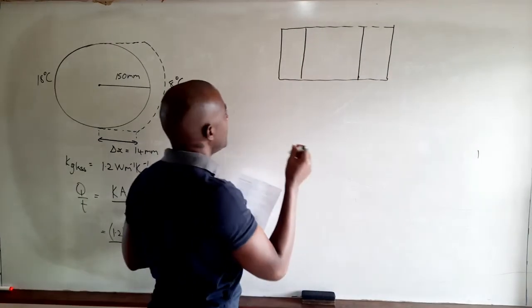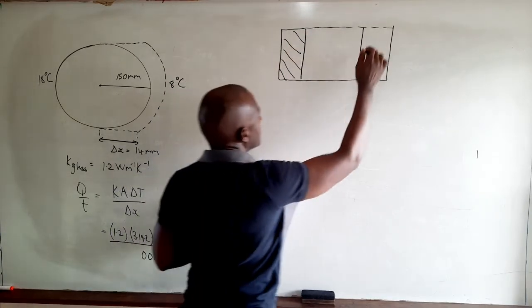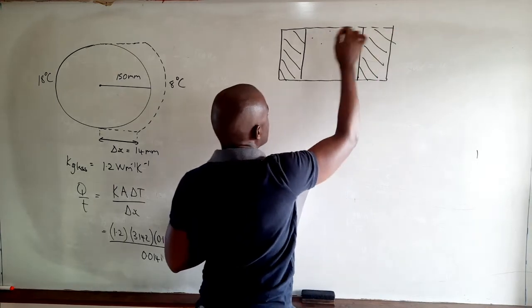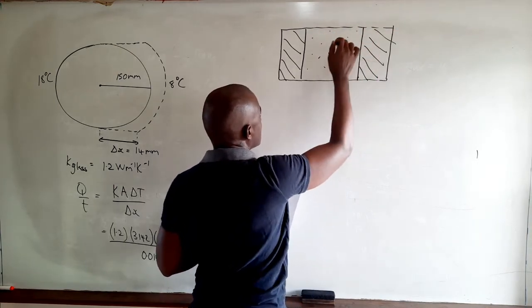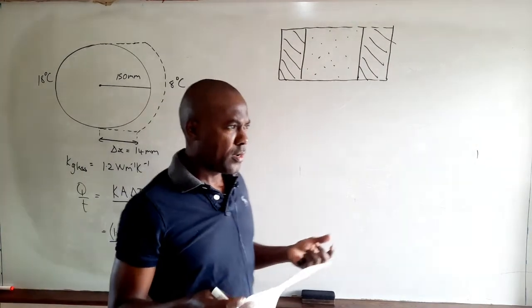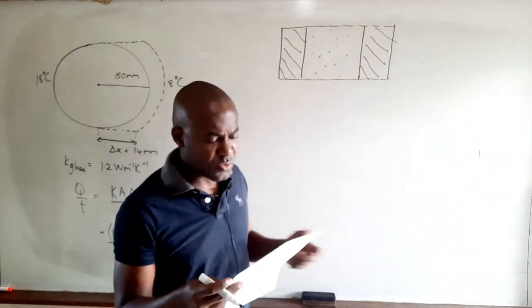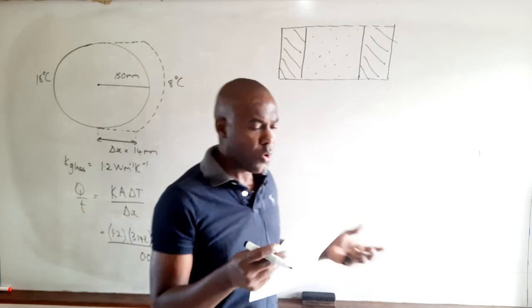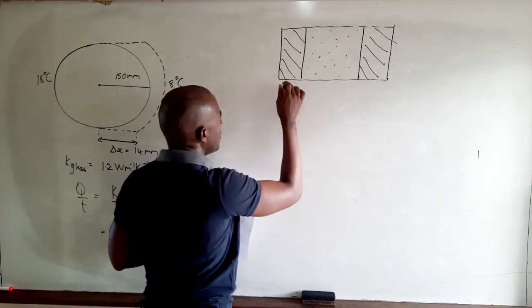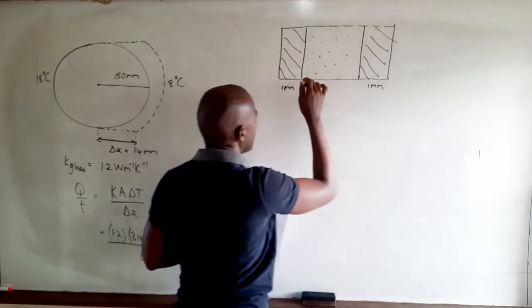Right, so what we have here is just a cross section of our cool box. As I said before, this cool box consists of 2 layers of plastic 1 mm thick. So this will be 1 mm, and this also will be 1 mm.